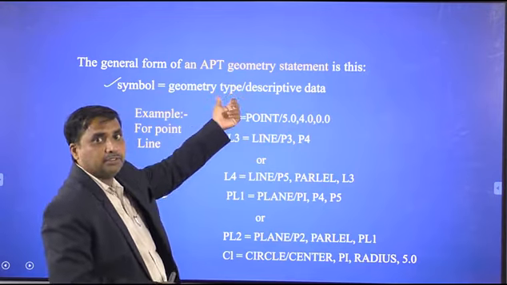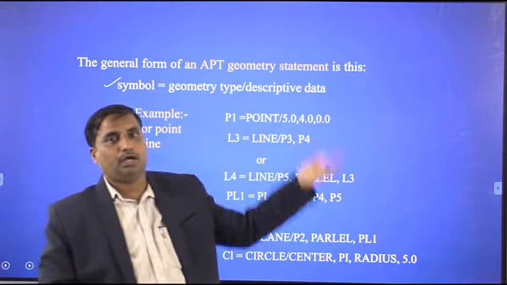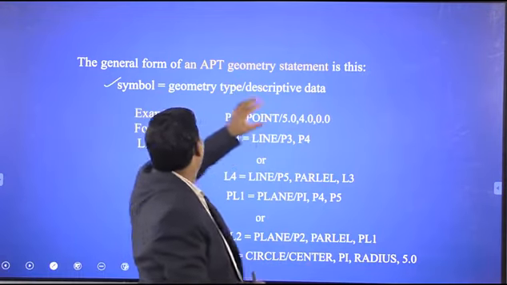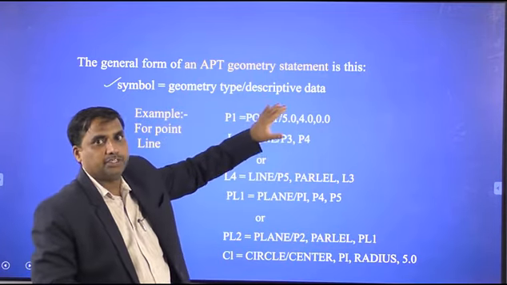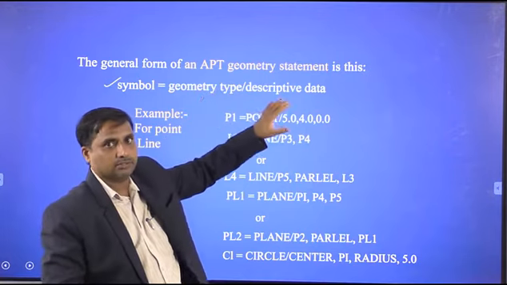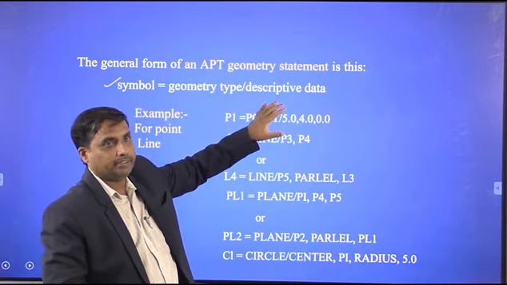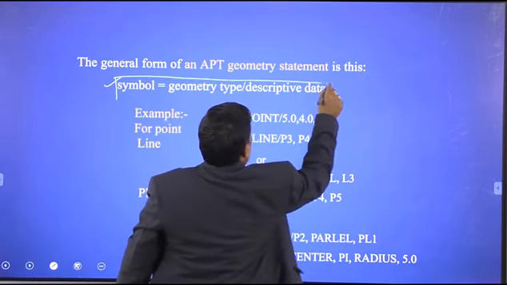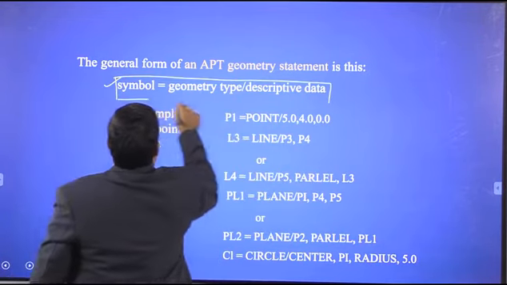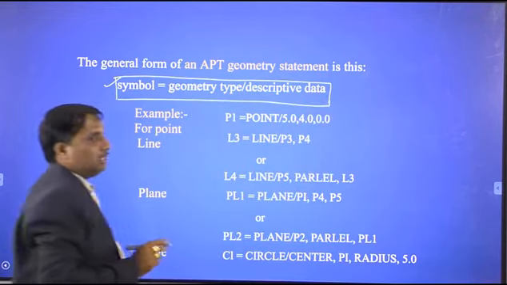Geometry type represents point, line or plane. And descriptive data: for a point, XY coordinates; for a line, conditions; for a plane, conditions. This is the syntax for defining a geometry using APT language.